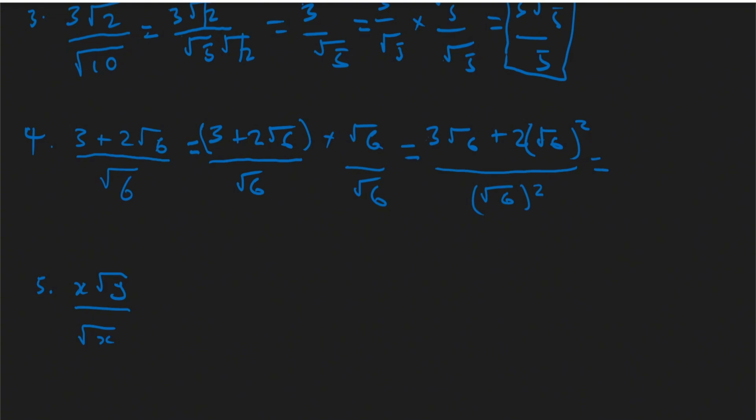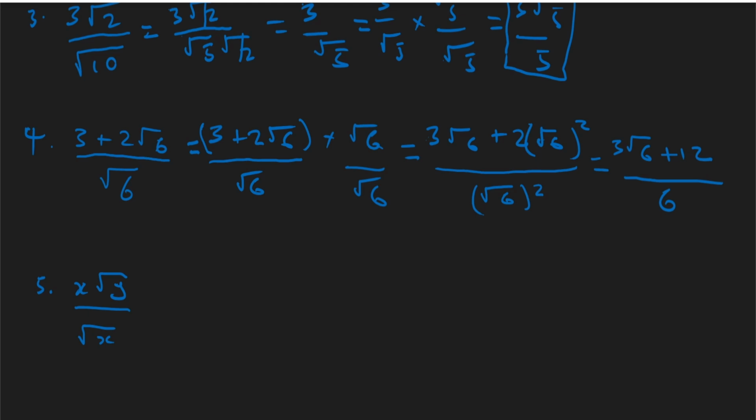So 3 root 6 plus, root 6 squared is going to give us 6, and then times 2, which is 12. So plus 12, divided by 6. All right. So here you can see that 3, 6, 12 have the common factor, right?